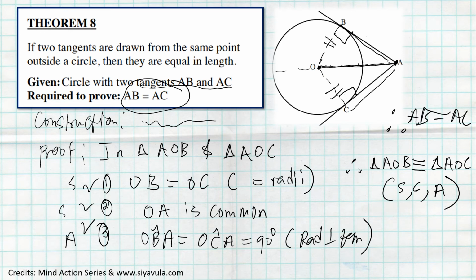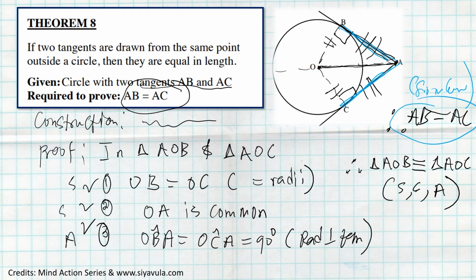We have just proven that these two triangles are congruent, and congruent implies that the two things have the same shape and same size, meaning that line AB is also the same as line AC. From congruence, because the two triangles are congruent, we can make that deduction.